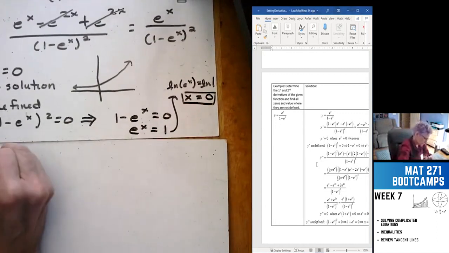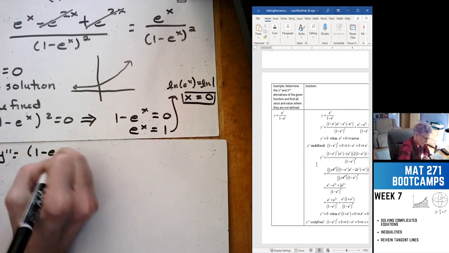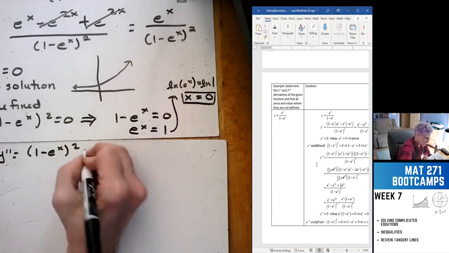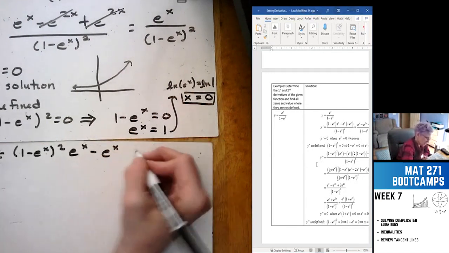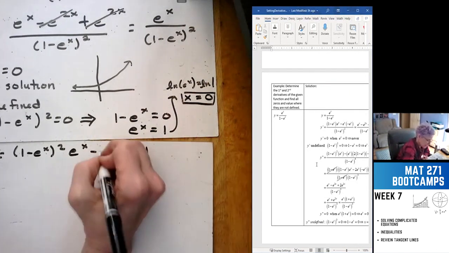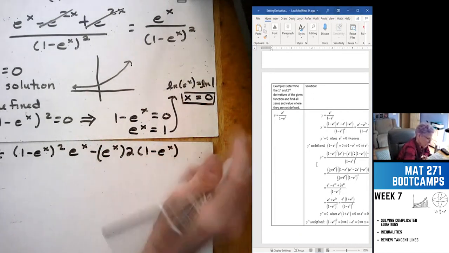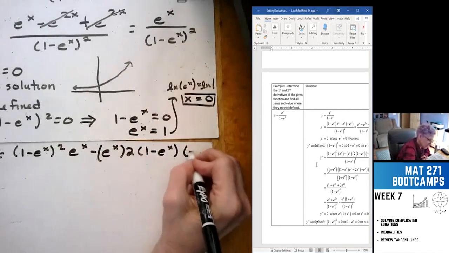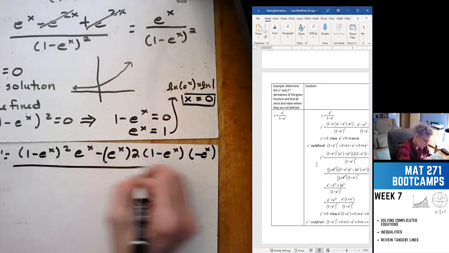Second derivative. Low d high less high d low. So 2 falls down. Put some parentheses around that so I'm less confused. Subtract 1 from the exponent, multiply by the derivative of the inside function.